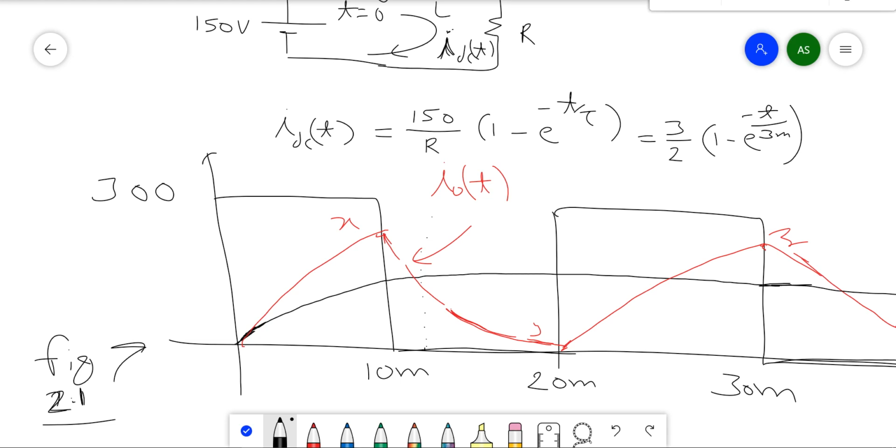Because this is 300 and this is 3/2, so obviously this is not up to scale. That also you need to keep in mind.